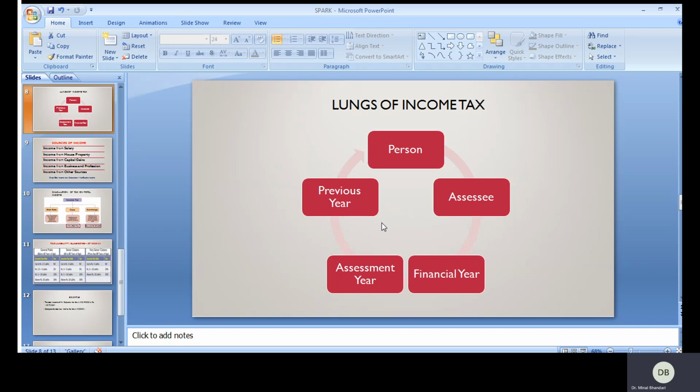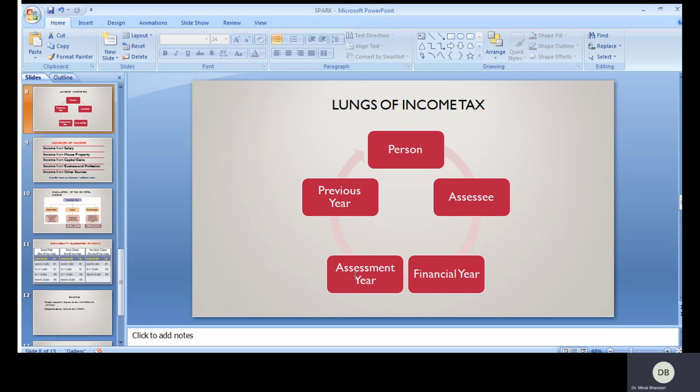So the financial year and previous year are the same when we enter the assessment year. That is a very important point to take into consideration. When we are assessing the income of an assessee, at that time the last financial year is called the previous year.